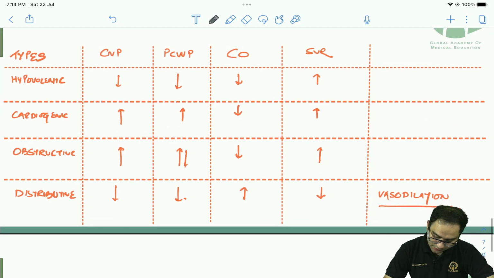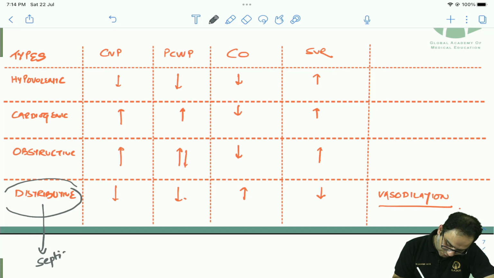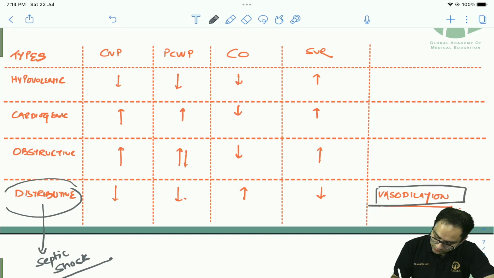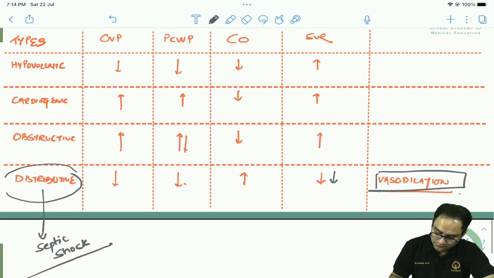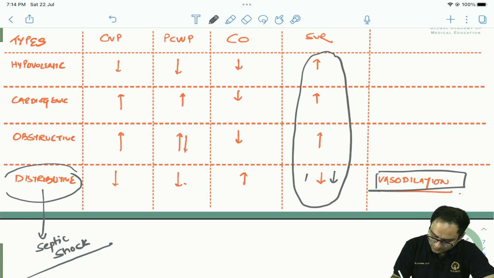So in distributive shock, that is the septic shock, what you get is vasodilatation. As a result of that, there is decline in systemic vascular resistance. So all the types of shock show increase in systemic vascular resistance except distributive shock.